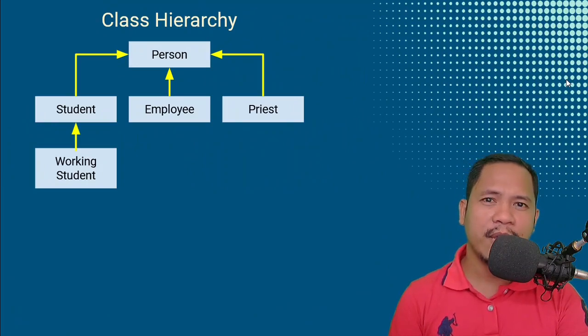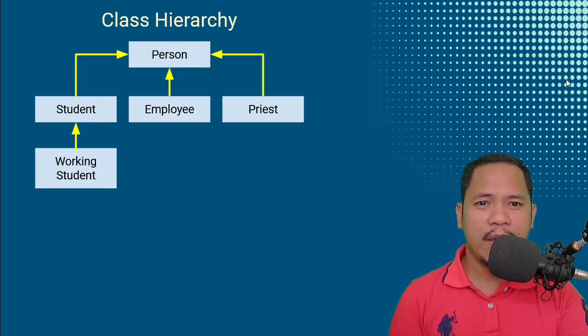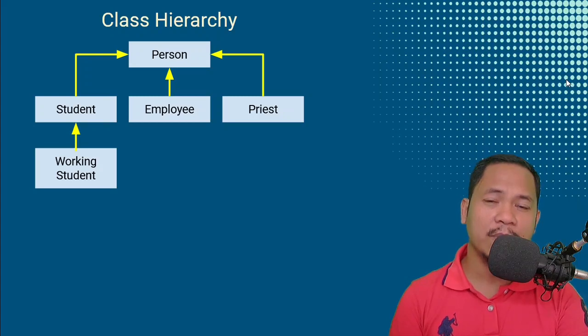Here we have the class person as the superclass of student, employee, and priest. And working student is a subclass of the class student. So in this hierarchical structure, student is both a subclass and a superclass because student is a subclass of person and student is the superclass of working student.